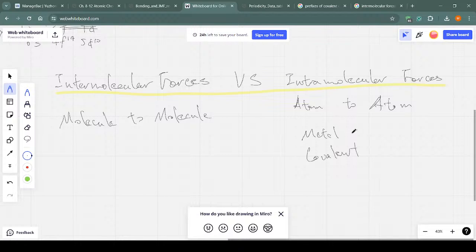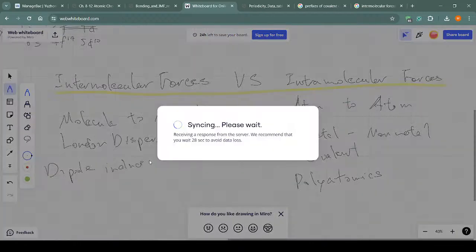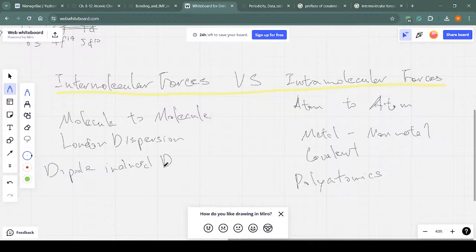Metal, non-metal. There's polyatomics. Molecule to molecule, there are London dispersion, dipole, induced dipole, and H bonds.